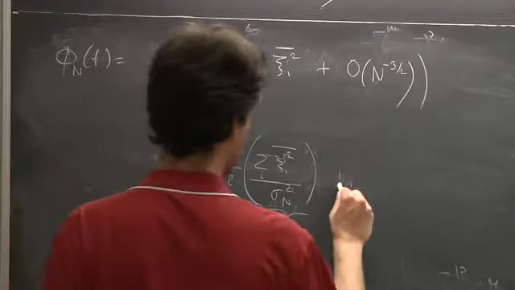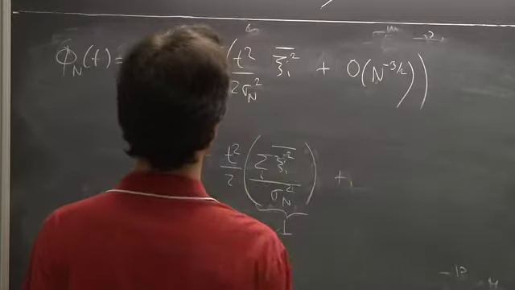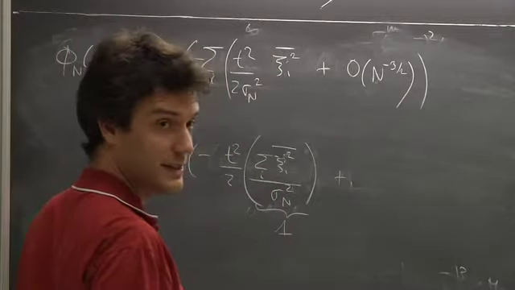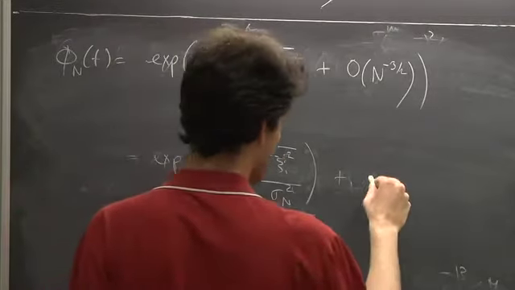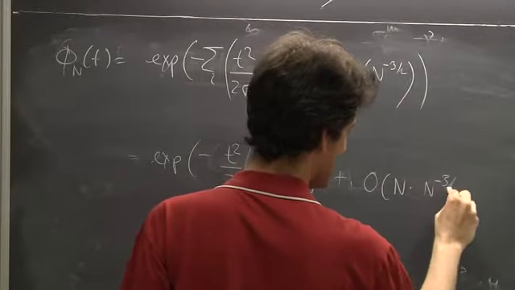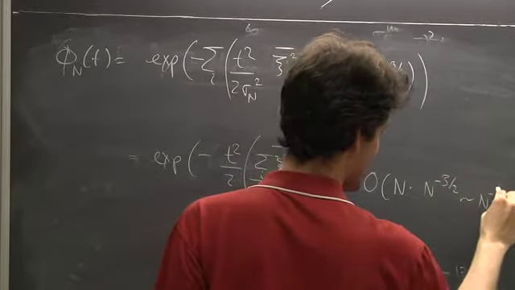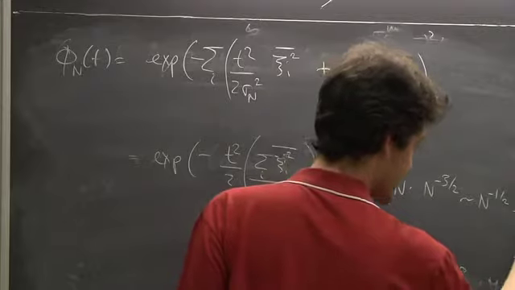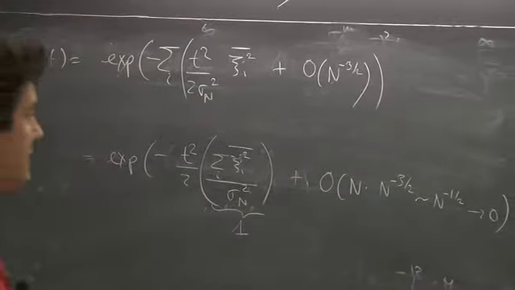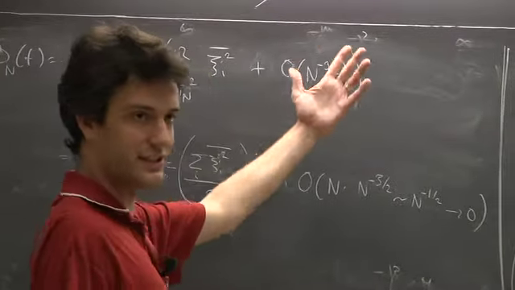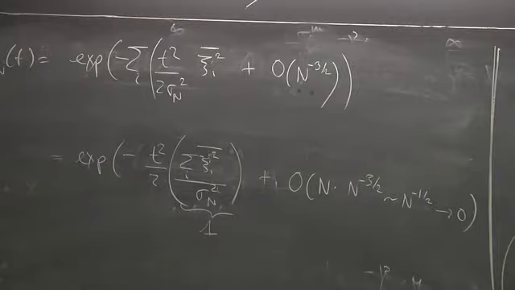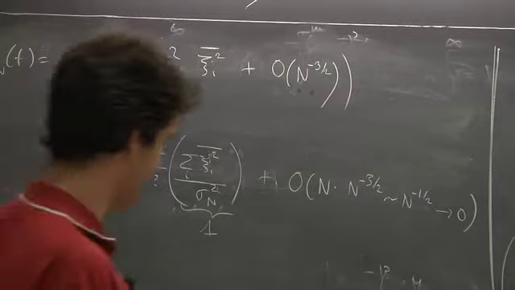And then comes the correction term, and how big is the correction term? I have n terms of order n to the minus 3 halves. That goes like order n times n to the minus 3 halves, so this goes like n to the minus 1 half, and that goes to 0 as n goes to infinity, right? So I can neglect these corrections if n is sufficiently large. Of course, in reality, we'll have to check what sufficiently large means.